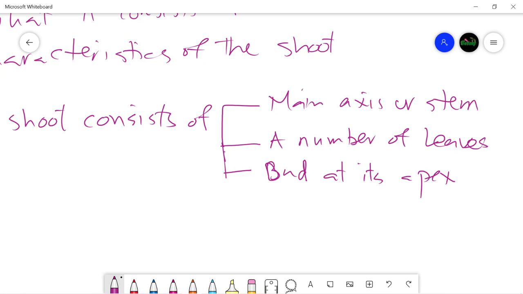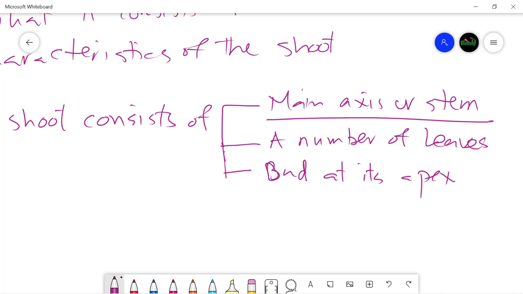And this bud helps in its growth. Because of the bud, the main axis or the stem or the shoot keeps on growing, producing more leaves. So these are the basic things of which a shoot is composed.